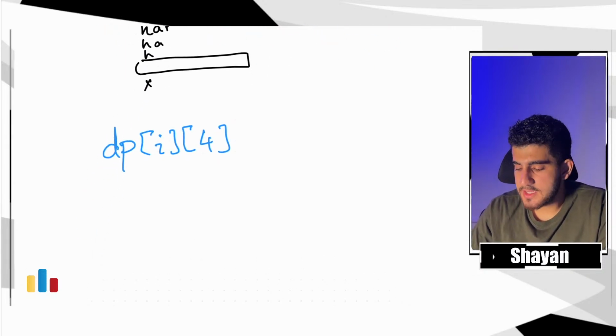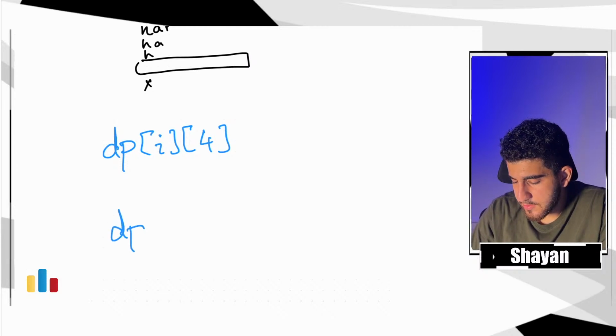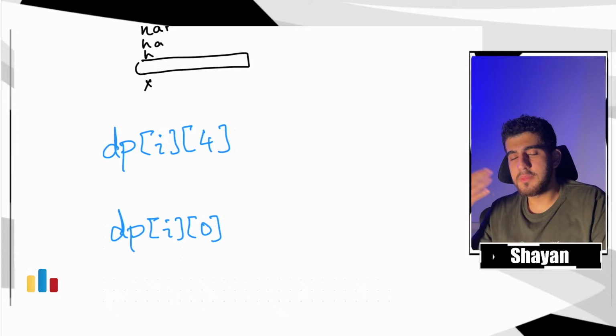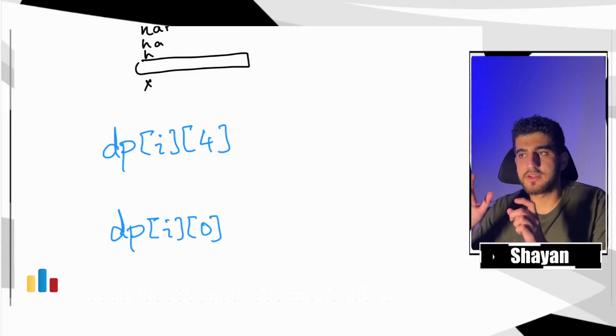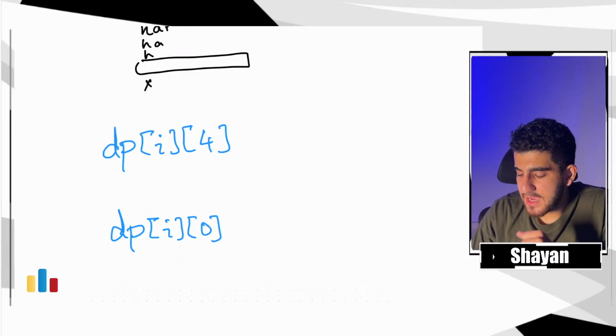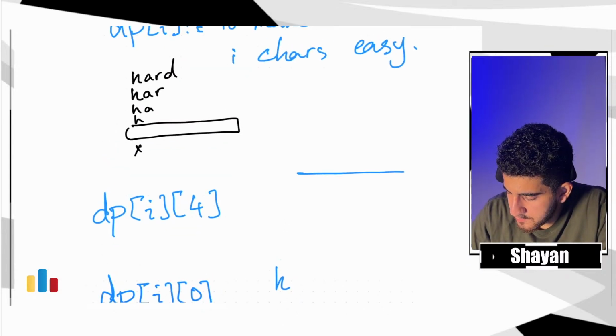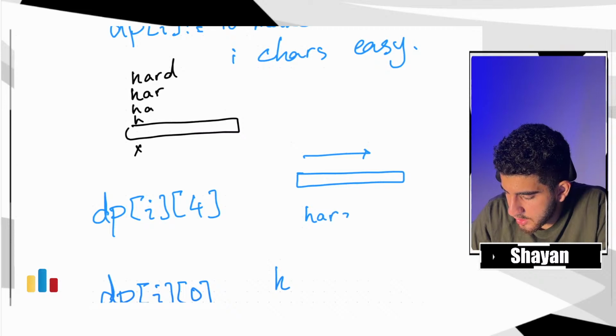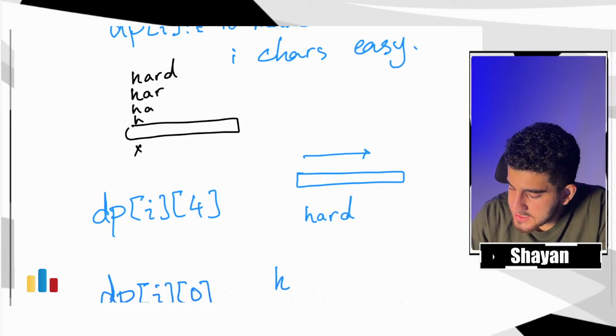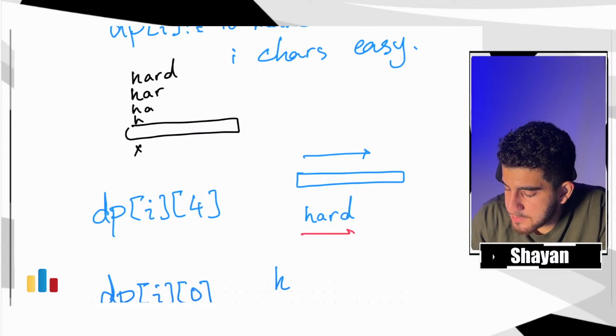What does DP of i and 0 mean? DP of i and 0 means the minimum cost to make our first i characters in a way that it doesn't even have H. Because when we go from the beginning forward with H, A, R, D, these letters must be matched from the beginning.